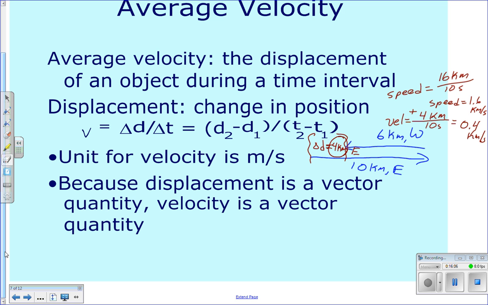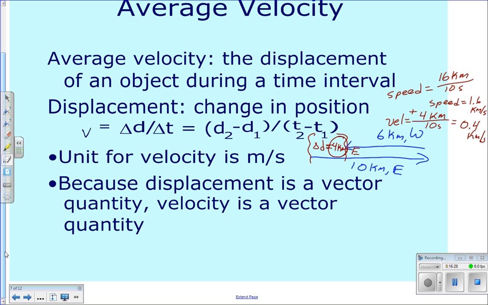Heck, I don't know how long it takes to run around the track. It'd take me about 5 minutes probably. But anyway, your speed would be 400 meters divided by however long it took you. Your velocity, though, would be 0, because you go all the way around once, you stop in the same place you start, and that's 0 displacement.